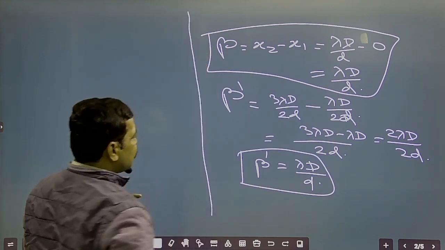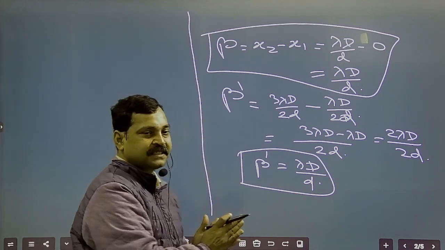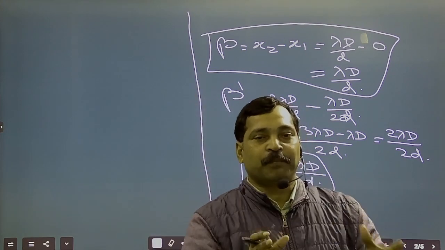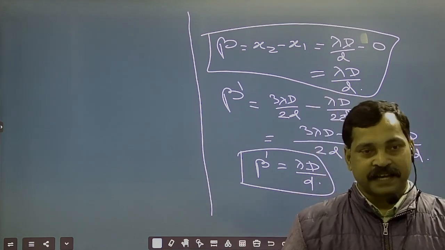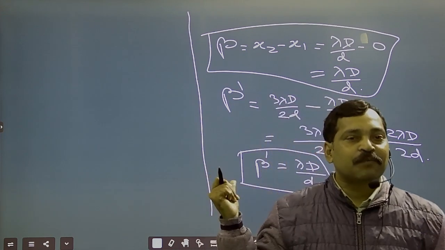Another thing is that if the total apparatus, the total arrangement, is placed in any medium where the refractive index is different from air, then we have to modify all the formulas.